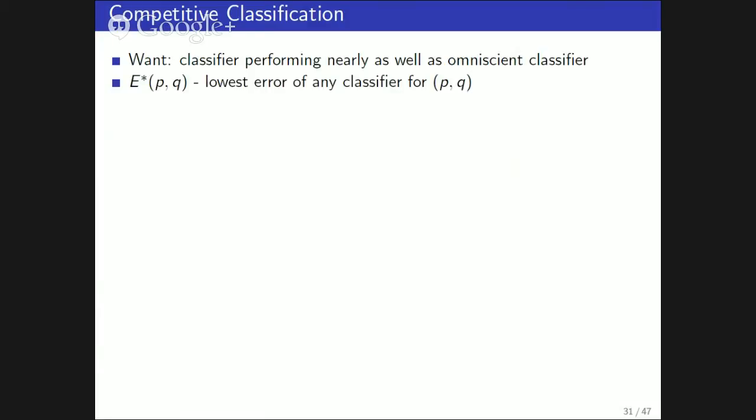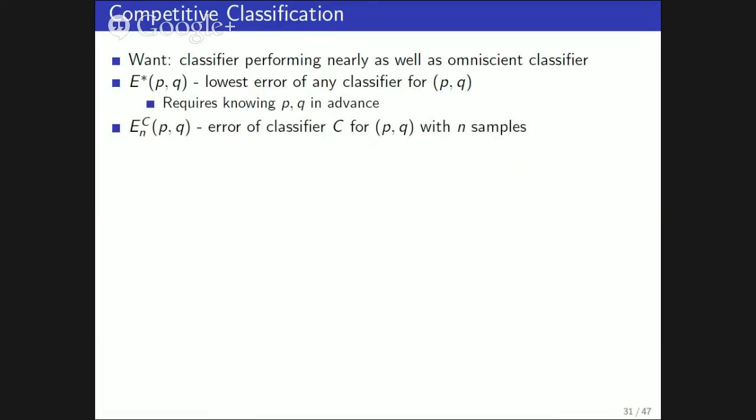In what sense? I'll define it, but very basically, if the number of samples is n, we want to be close to the best error that you can get. In other words, we want a classifier that performs nearly as well as the omniscient classifier. Again, E star is the lowest error of any classifier for PQ, and it's achieved by one that knows P and Q in advance.